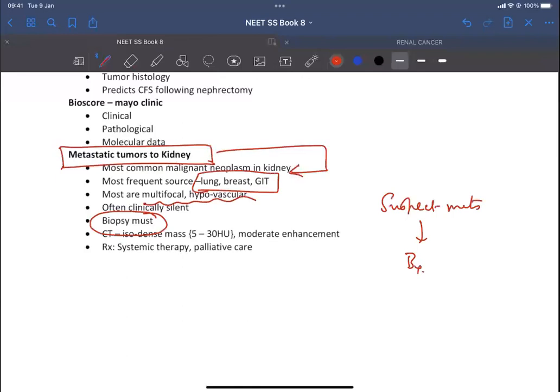Even if it is a small renal mass, SRM, which is less than 3 centimeters, if we suspect metastatic disease from elsewhere to the kidney, yes, they will need a biopsy of that lesion.